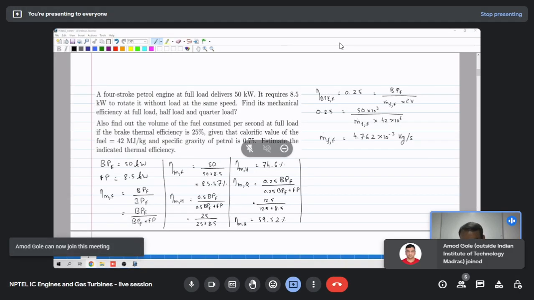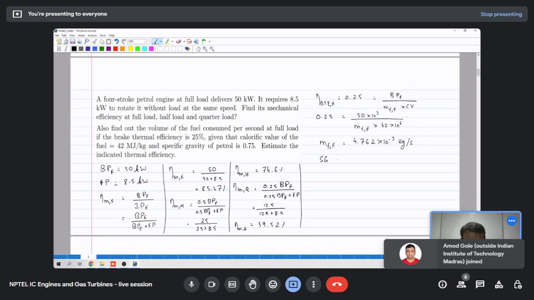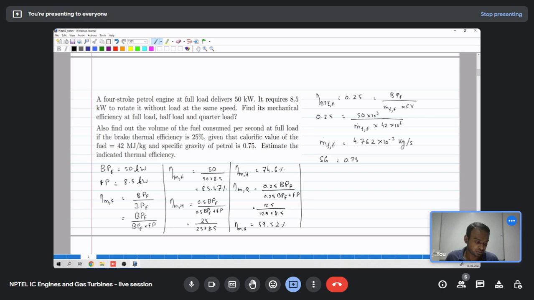The specific gravity of petrol is given as Sg is equal to 0.75. So that means the density of petrol is 0.75 gram per cc. We want to know the volume flow rate per second, so this can also be written as 750 kg per meter cube.